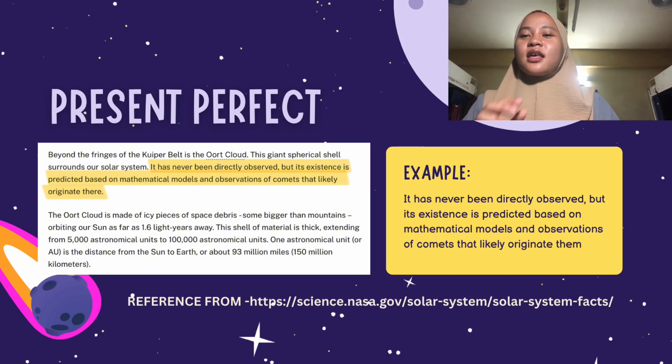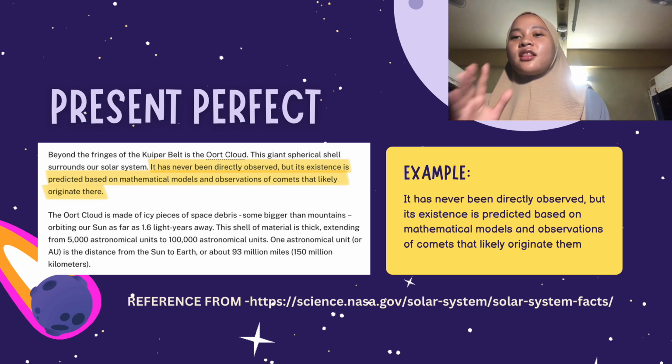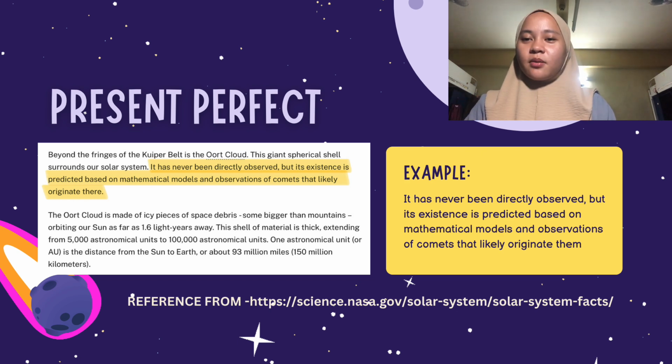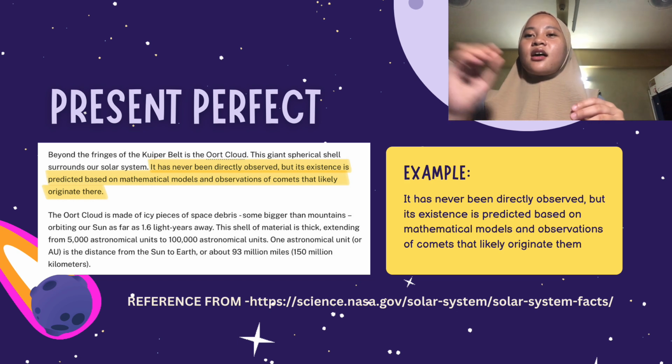Present perfect tense is used for past actions that are related to or continue into the present. To detect if a sentence is in the present perfect tense, check if the sentence has a has or have.